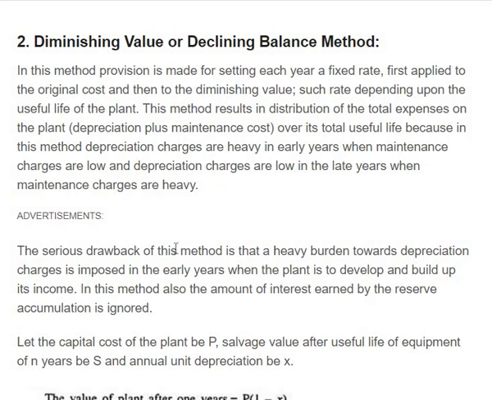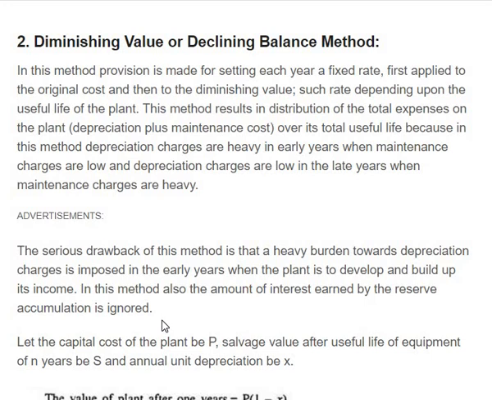The serious drawback of this method is that a heavy burden of depreciation charges is imposed in the early years when the plant is to develop and build up its income. In this method also, the interest earned by the reserve accumulation is ignored, like the straight line method.